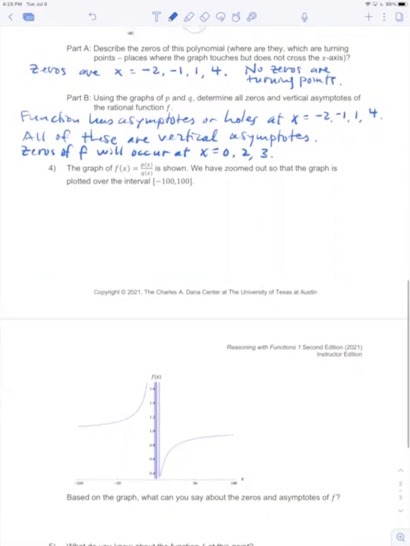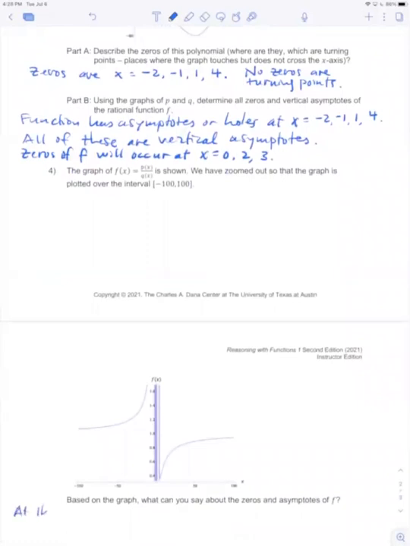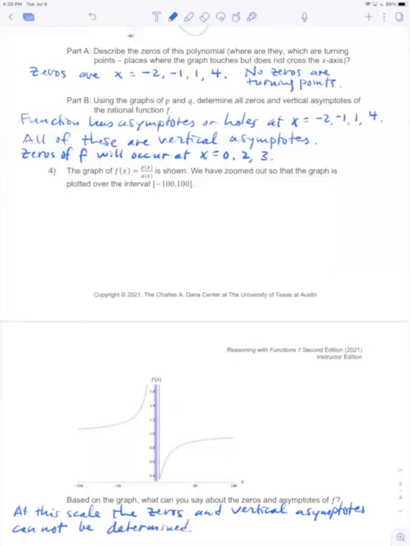Based on the graph, what can you say about the zeros and asymptotes of f? Well, at this scale, the zeros and vertical asymptotes can't really be determined. But it looks like there could be a horizontal asymptote.